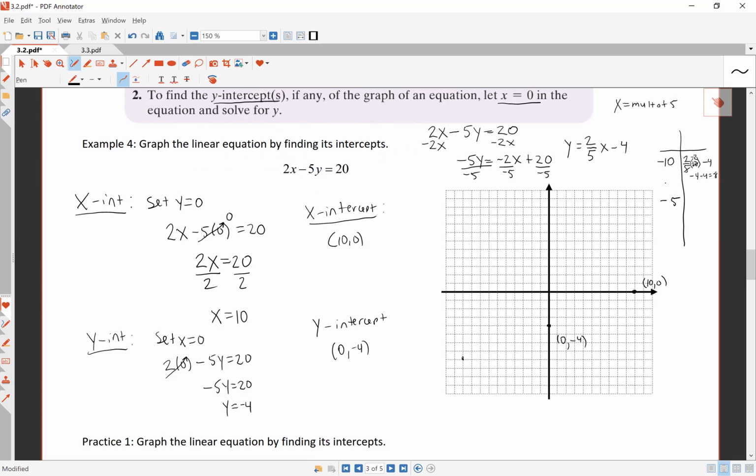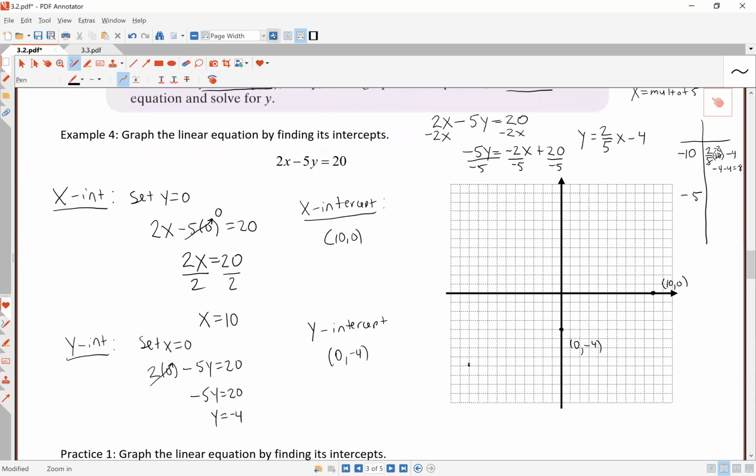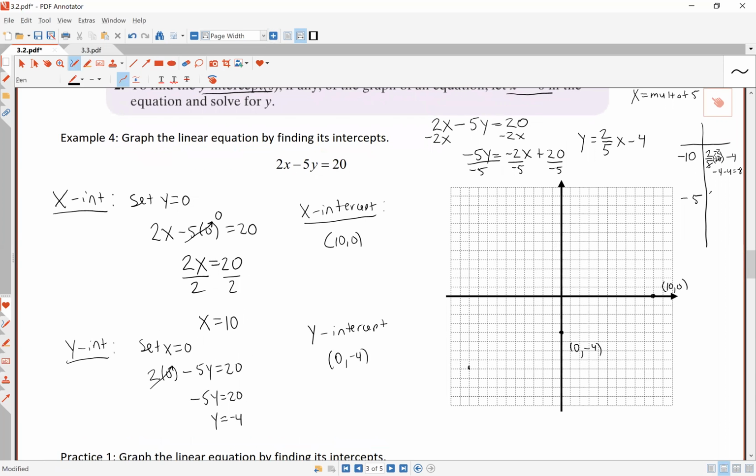Plugging in -5, we have 2/5 of -5 minus 4. 5 goes into -5 -1 time, and that's -2 minus 4 is -6.